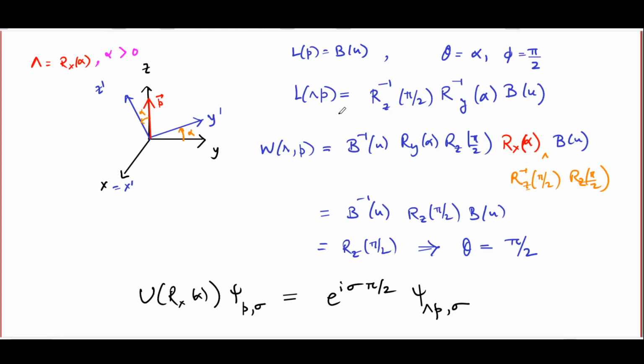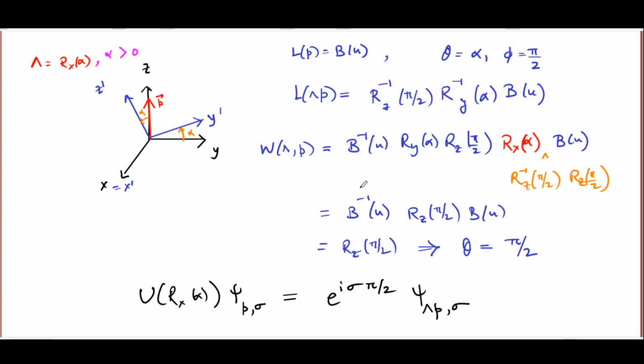And now, it's easy to see that under such a situation, the original momentum vector p now happens to correspond to theta equal to alpha, because that's the angle which it makes with the z prime axis. But phi, the angle through which the x prime z prime half plane should rotate to go through the vector p, is now given by pi by 2. So L of lambda p according to our prescription is Rz inverse pi by 2 Ry inverse alpha Bu.